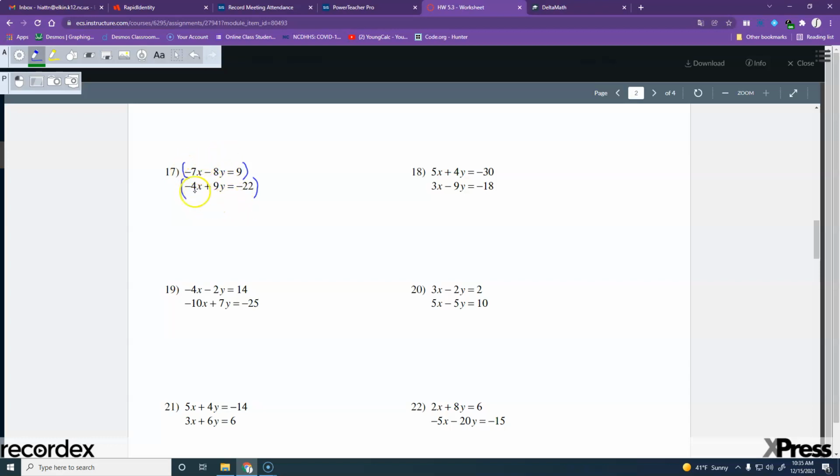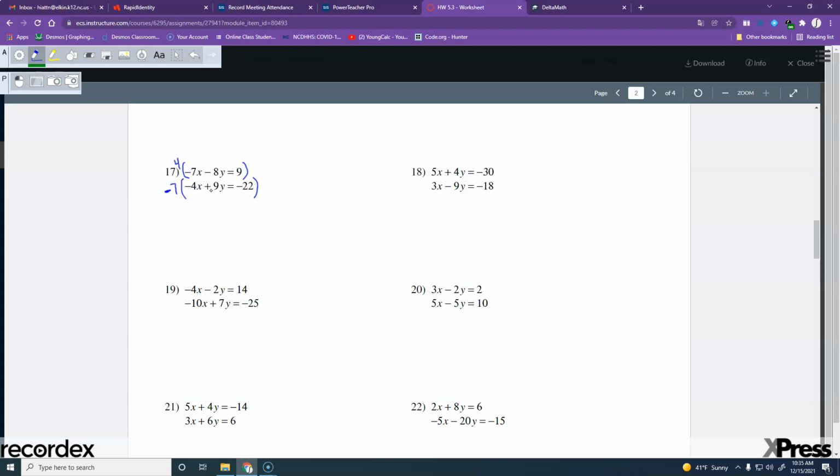I think I'll choose x's here just because the numbers are a little smaller to deal with. So I'm going to multiply this top equation by 4 and the bottom one by 7, and I think I'll make that bottom one negative 7. You can make either one of them negative. It doesn't matter if you do top or bottom.